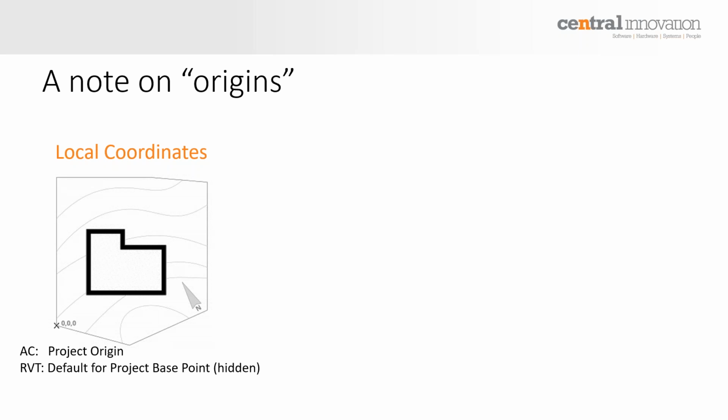Those points, in terms of best practices, tend to be aligned with a geodetic point. That is one of those points that you'll find on a survey. So you want that to be referenced to that, not to reference to nothing. And that is basically what we call the local coordinates.